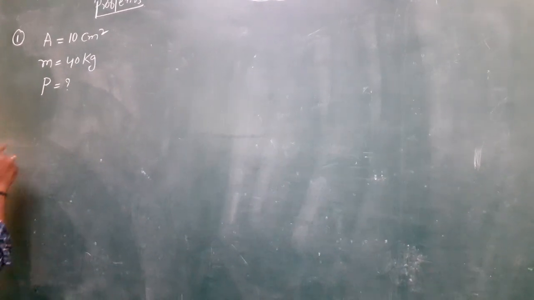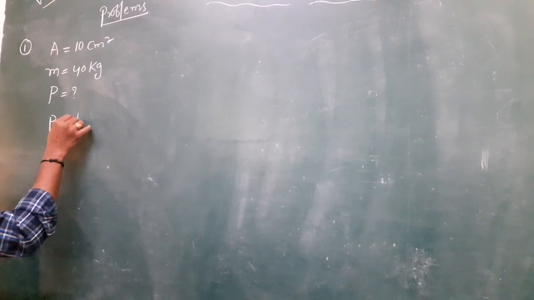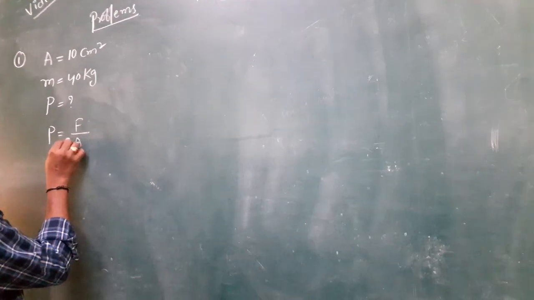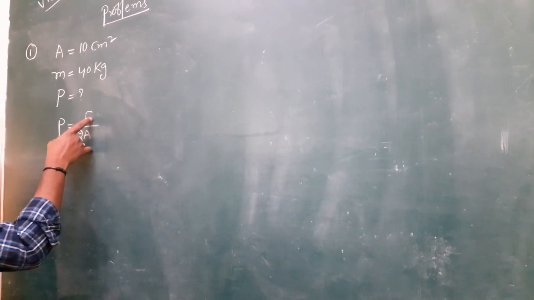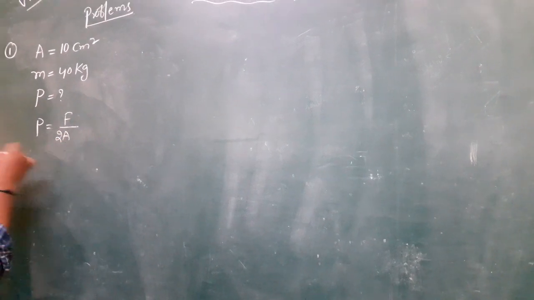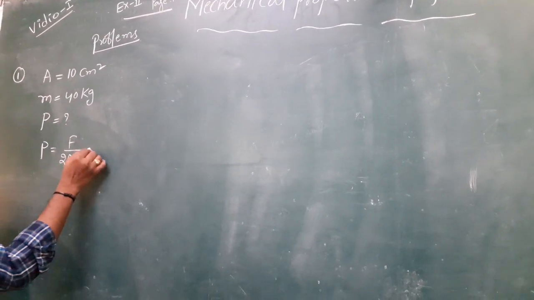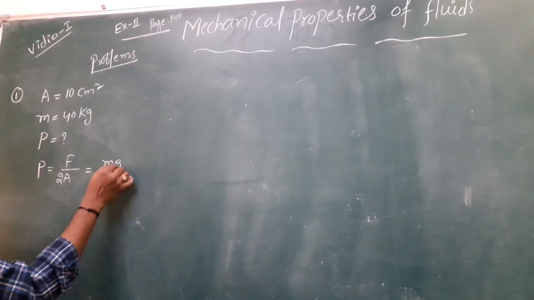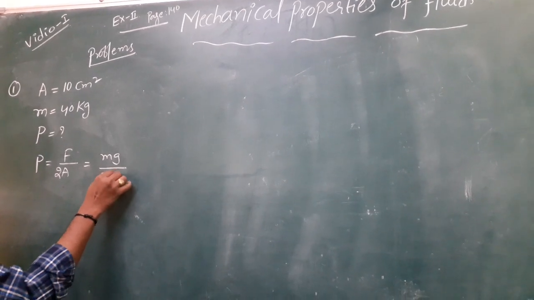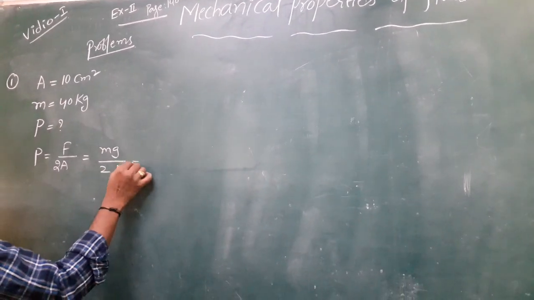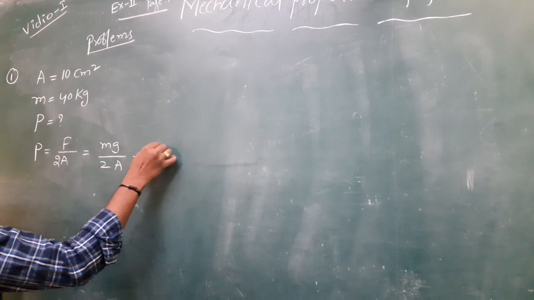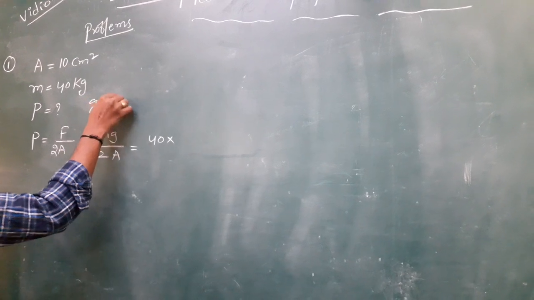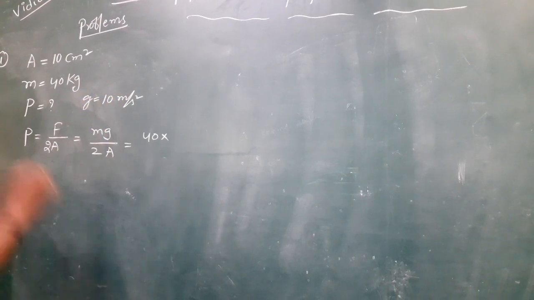What is the pressure? The pressure is equal to the force per unit area. Here there are two thigh bones, so the force will be acting over 2 unit areas. Therefore pressure is force by 2A. Force is balanced by the weight, so mg by 2A. M is 40 kg, g value is not given, take 10 meter per second square.